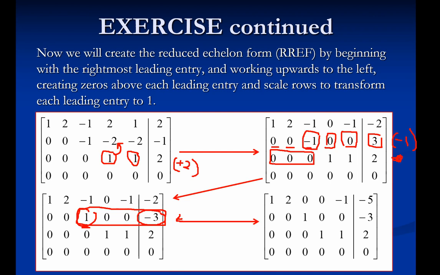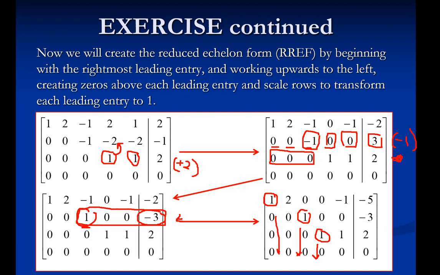And what's happening in the fourth step? Well, let's take a look. I've got 1s in all my pivot positions. I have 0s in the pivot columns below each pivot.